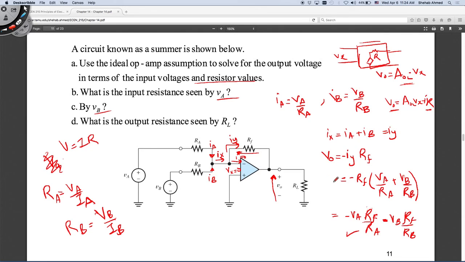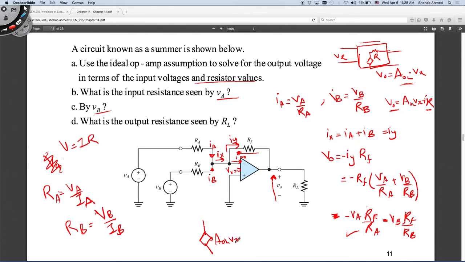Let's look at the equation for output voltage. Let's rewrite this one again, sorry.